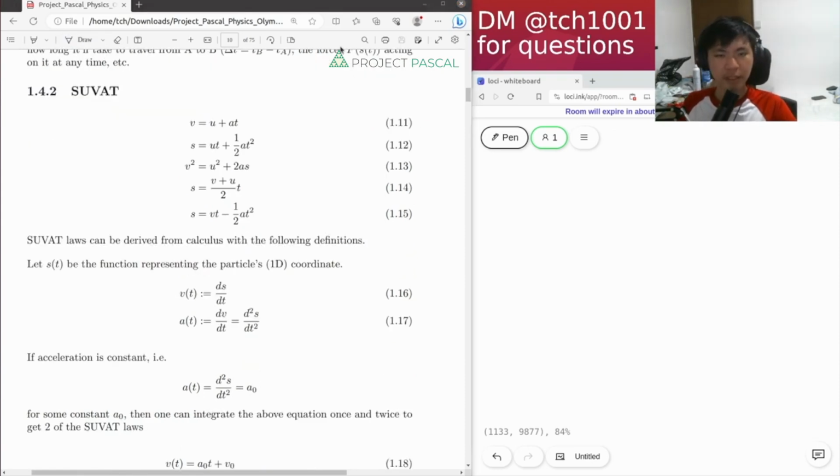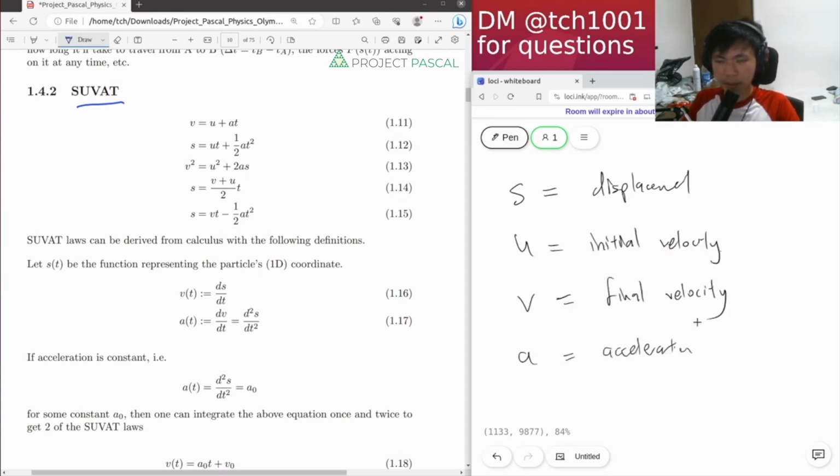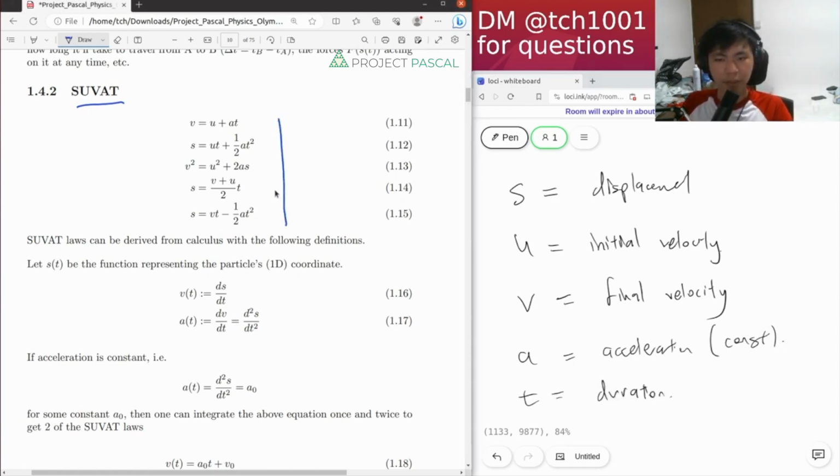Now, the first set of equations we learn for kinematics is known as the SUVAT equations. In this case, s is the displacement, u is the initial velocity, v is the final velocity, a is the acceleration, and for SUVAT equations to apply, we must assume that acceleration is constant over time, and t is the duration of the motion. Now, there are 5 equations describing how all these 5 variables relate to each other, and you can see that for every one of them, we have 4 variables appearing in the equation.